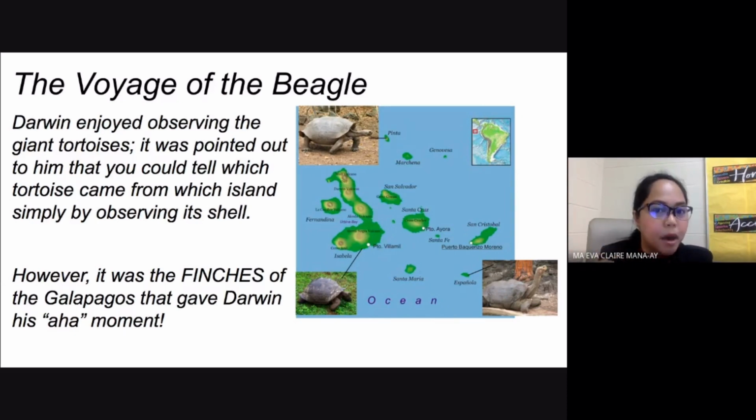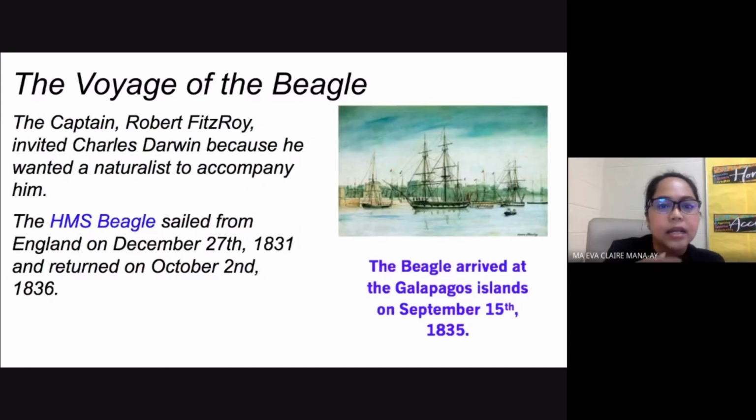Because remember, the environment can directly affect the characteristics of an organism. Since all these 16 islands had varying climates, the types of organisms they had also had very unique characteristics.